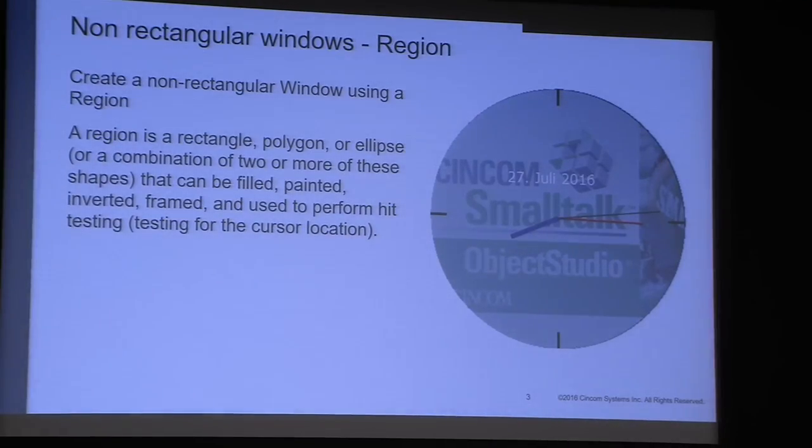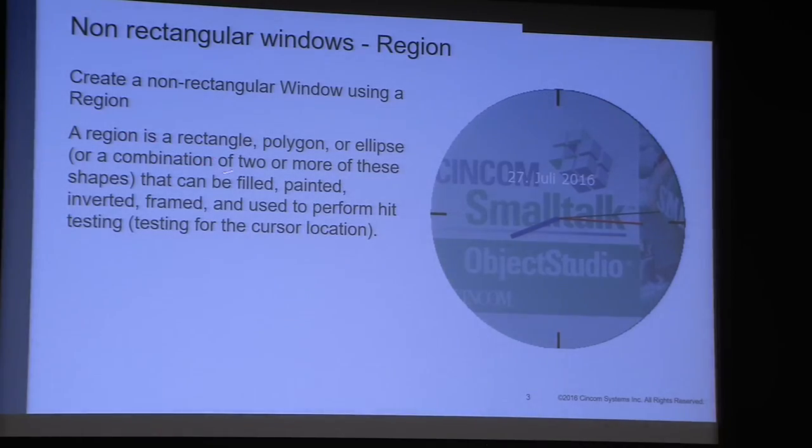I want to start out with non-rectangular windows, and there are actually two styles that you can use. By itself, a window is just a rectangular box on the screen. Now, how can you make it something that's non-rectangular? Well, I can apply a region to the window and tell Windows itself that only things that match this region are supposed to be displayed. Like my lovely watch here.